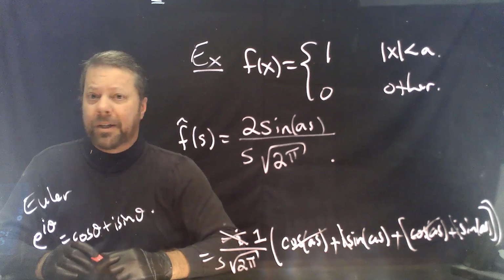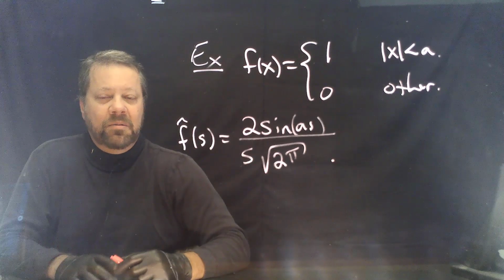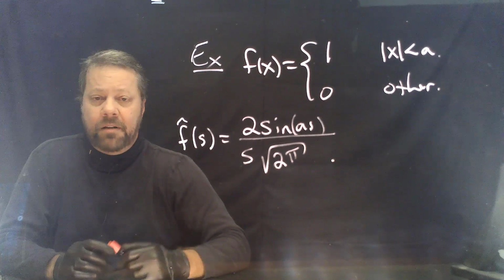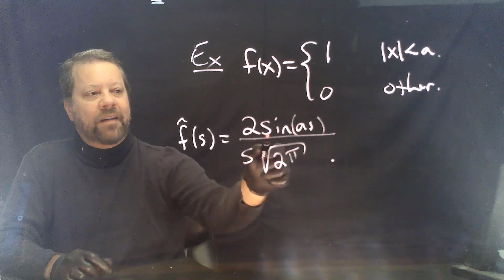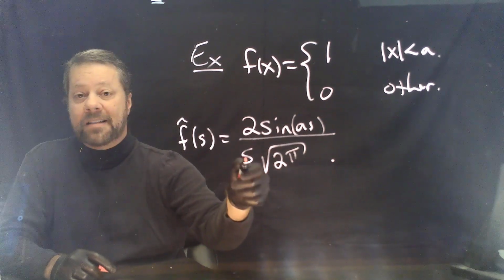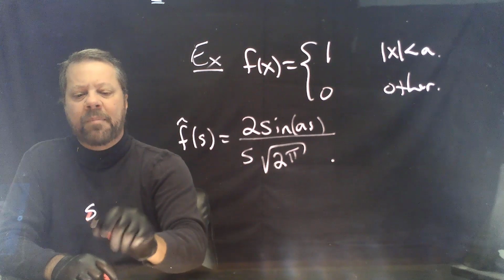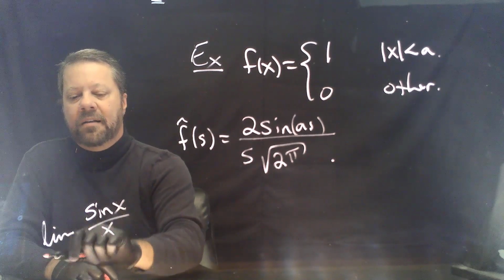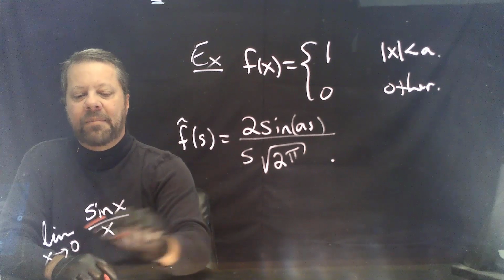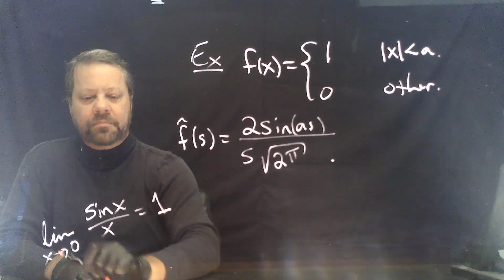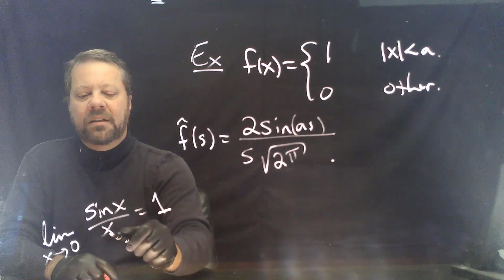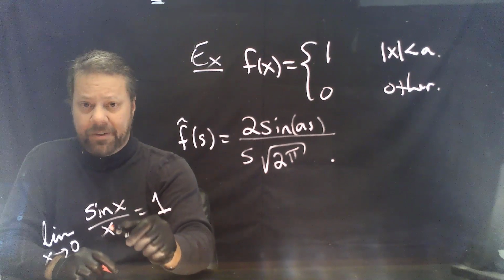Now let's see if we can undo it. Before we try this, we should make sure that this function is integrable. You have a sine as, but an s in the denominator. Remember, sine x over x has the following limit. Despite the fact that when you plug 0 in for sine, you get 0, and when you plug 0 in the denominator, you get 0 as well.